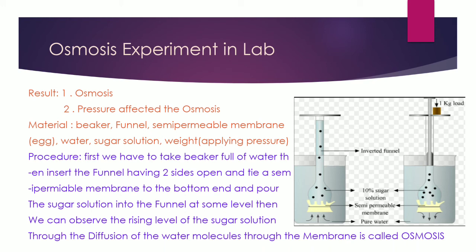Procedure: first we take a beaker full of water, then insert the funnel having both sides open and tie a semi-permeable membrane to the bottom end, and pour the sugar solution into the funnel to some level. Then we can observe the rising level of the sugar solution through the diffusion of the water molecules through the membrane, which is called osmosis.